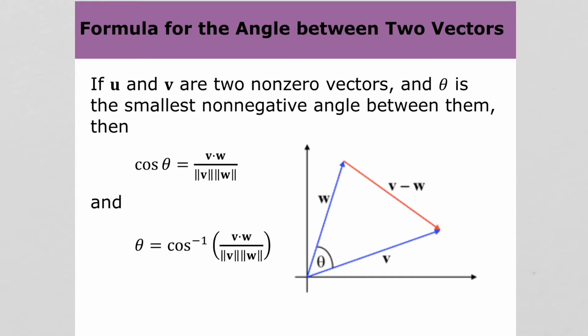Theta is the smallest non-negative angle between them. Then cosine of theta would be equal to V dot W over the magnitude of V times the magnitude of W. This helps you find the angle between two vectors.